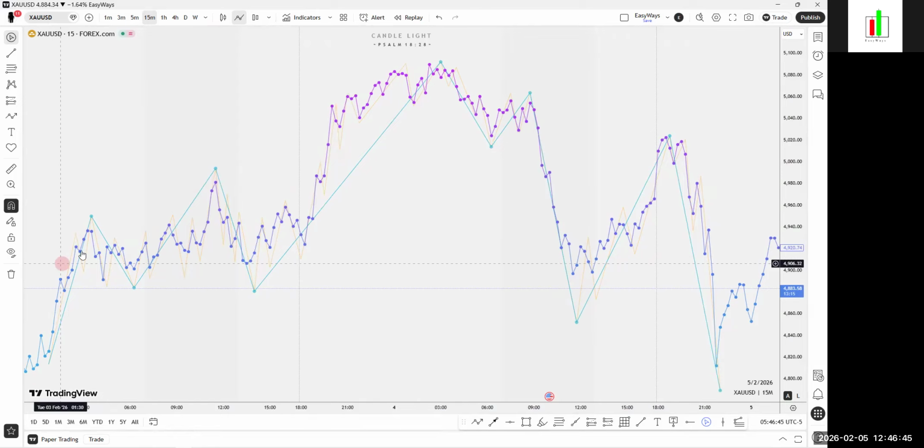So this would be their structure. Okay. And then sometimes where they have a break, we don't have a break of structure. Sometimes where we do have a break, they do not have a break of structure, and so on and so forth.